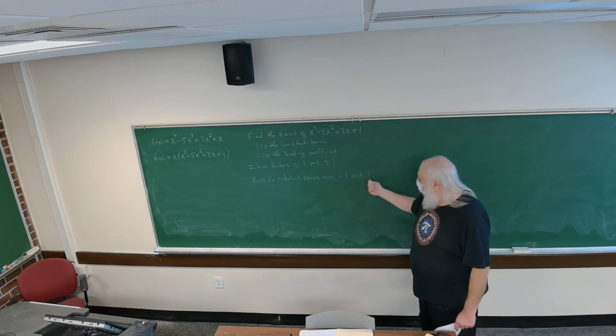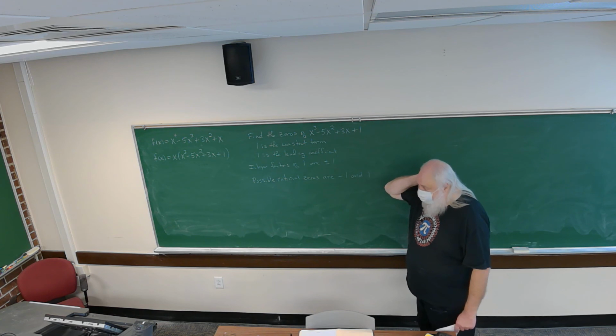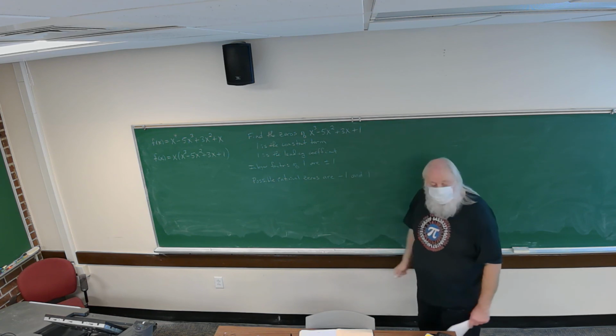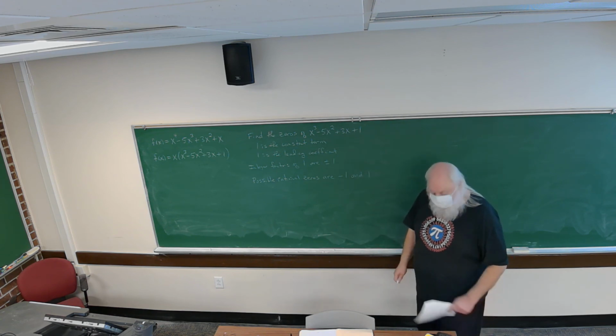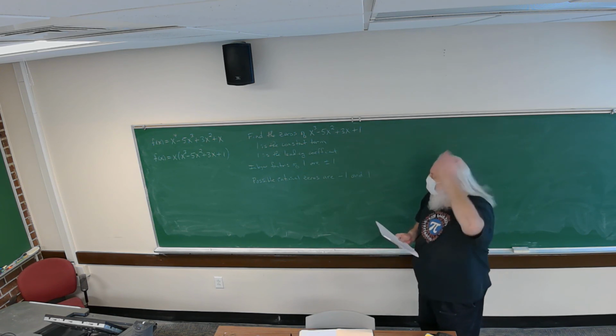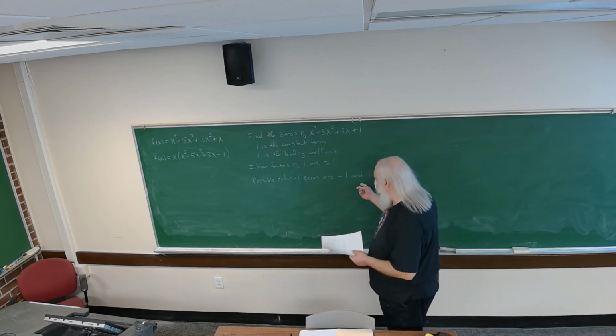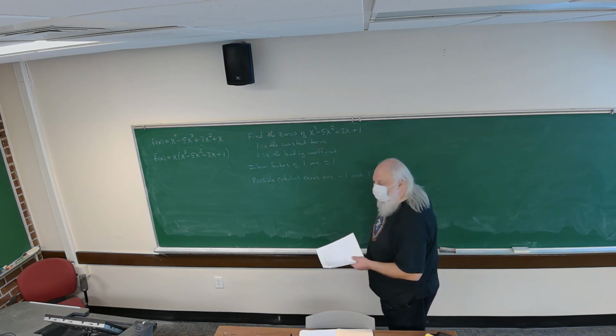So just because we only have minus 1 and 1 in our set, we still could have 3 rational zeros, right? One of those could be repeated. All right. So see if any of these are zeros of the third degree polynomial. You have to plug in 1 and or minus 1.